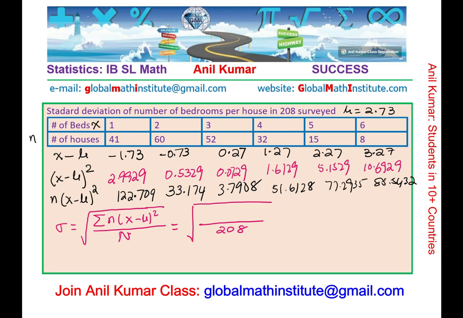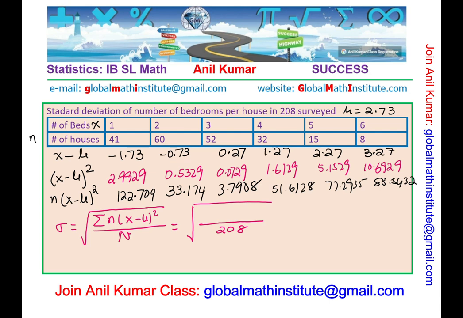122.709 plus 33.174 plus 3.7908 plus 51.6128 plus 77.2935 plus 88.5432.